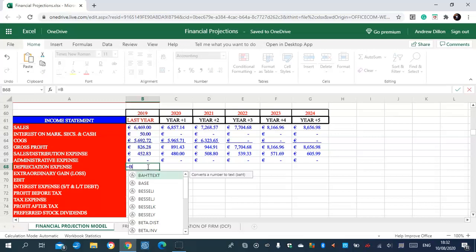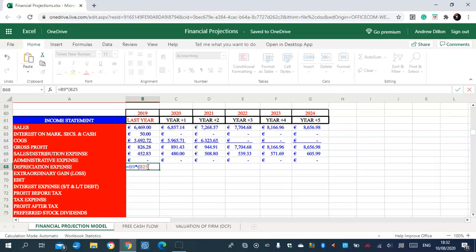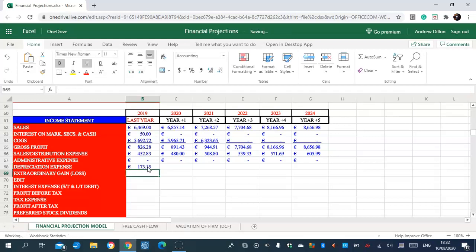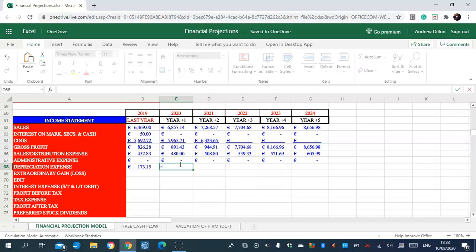Here's how to get the first answer. It's equal to B9 multiply bracket B25, €173.15. Okay, this is how to get the next answer.